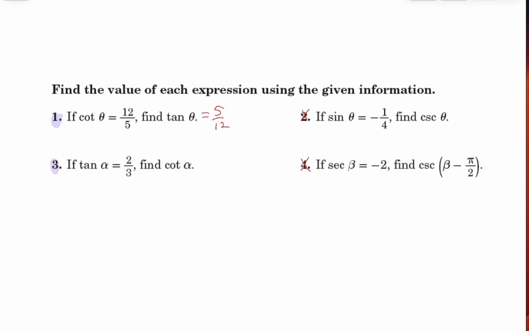Number 3, if the tangent of alpha is 2 over 3, then the cotangent of alpha is 3 over 2. So that's a great place to start. Very simple, nothing fabulous. Because those are reciprocals, then you just get to flip them over. Okay, so that would be our reciprocal identities. It's nothing more fabulous than that.